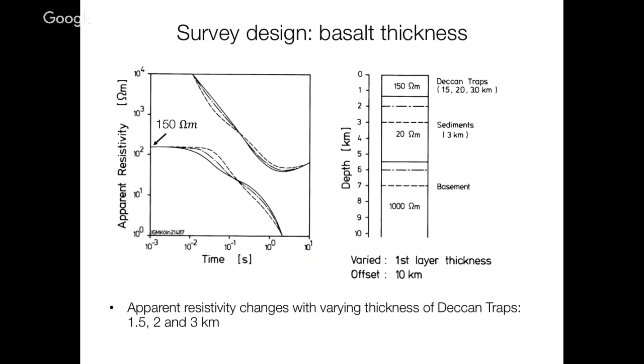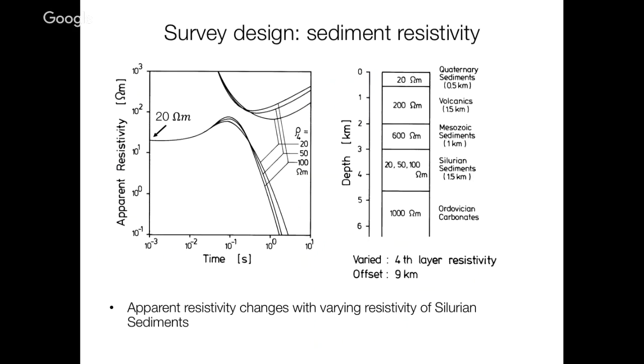Apparent resistivity, and you see that, okay, these curves are significantly different, so they must be sensitive to the thickness. And similarly, they also are sensitive to the value of the sediments. So this is 20, 50 and 100. Different conductivities of these sediments could be noticeable. So that gave them some confidence, like, okay, go out. Maybe this is a well-planned experiment.